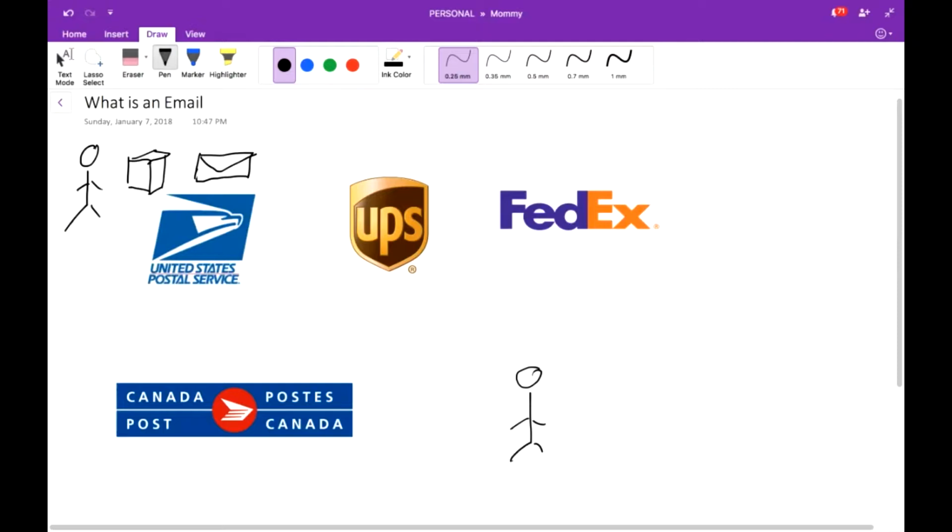What you would then do is go to the US Postal Service, and you would put your information on that mail, tell them what you want to do, and they would then take that package internally and send it to another place, and another place, and somehow it gets across the border and gets to the Canada Post system. And then Canada Post says, yeah, I know exactly what to do with this.